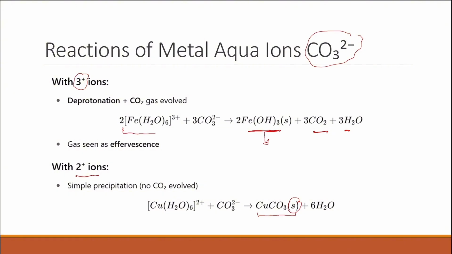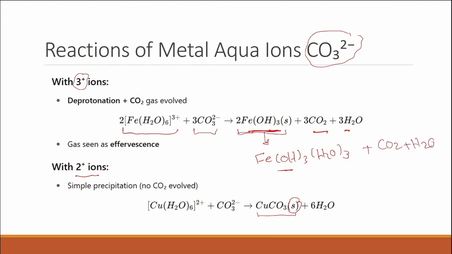So if you have the equion of iron 3 plus ion reacted with a carbonate, that will give you the hydroxide of the iron, which you can write as Fe(OH)3, or Fe2O3·xH2O, and this is going to be a precipitate, in addition to the carbon dioxide and the water.